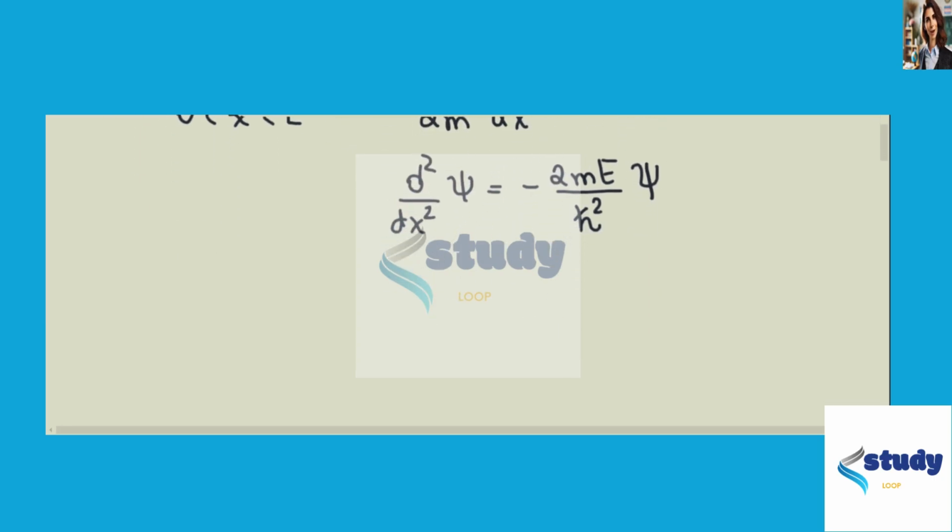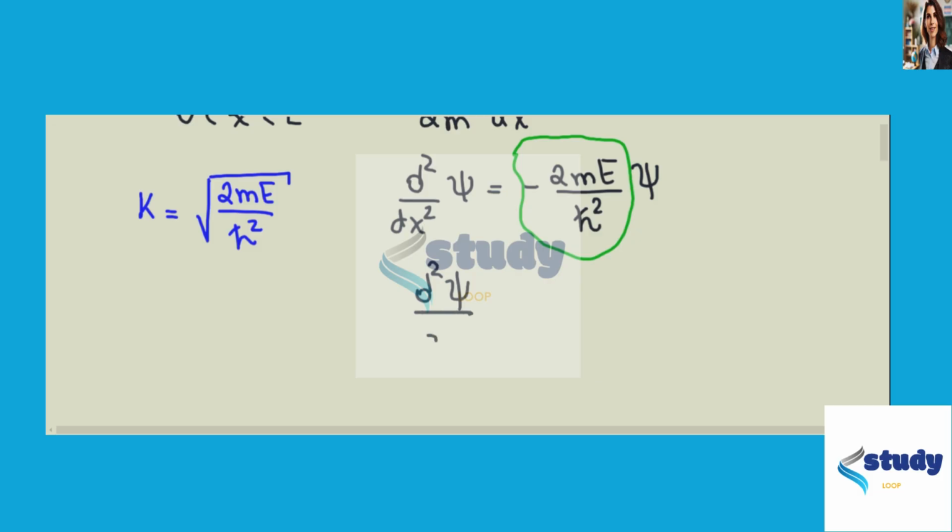E is positive because it's the kinetic energy of the particle, so this term here is negative. And I'm going to define k to be equal to the square root of 2mE over h bar squared. So we obtain that d2 phi dx2 is equal to minus k squared phi.